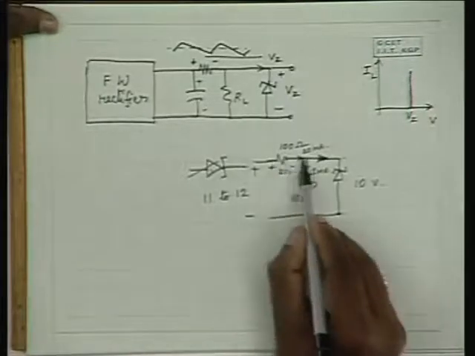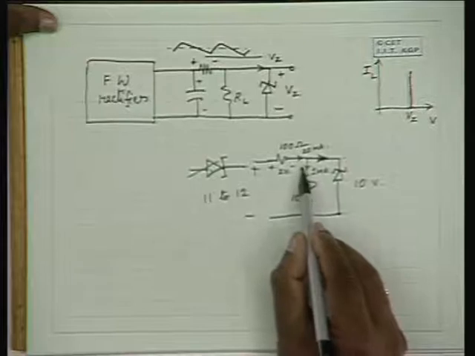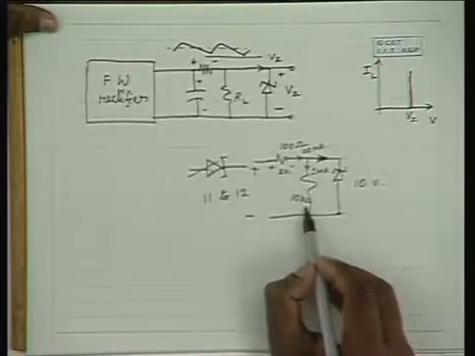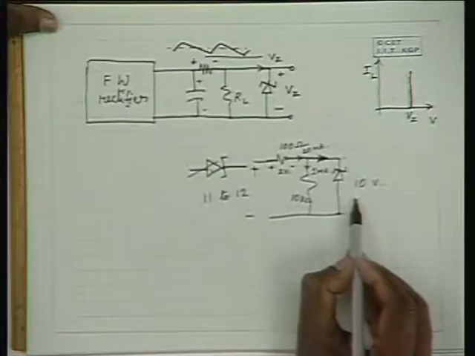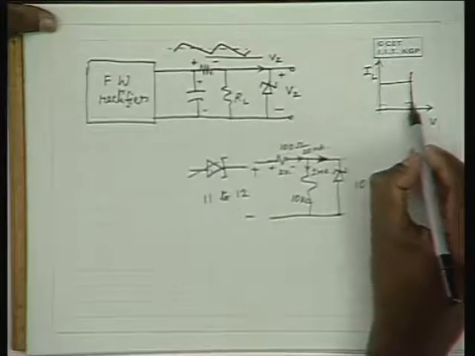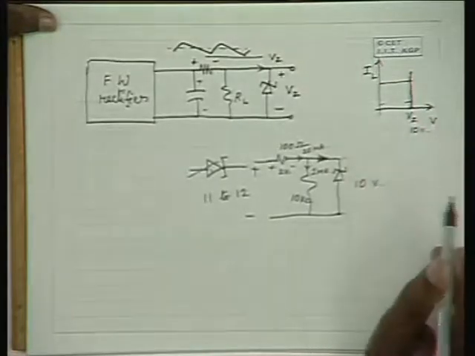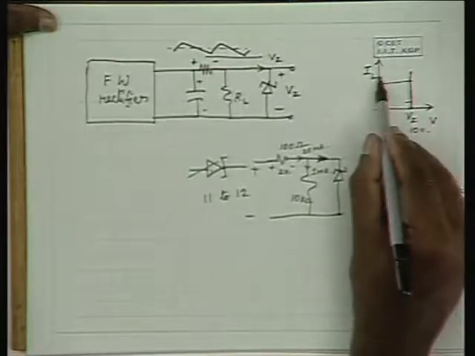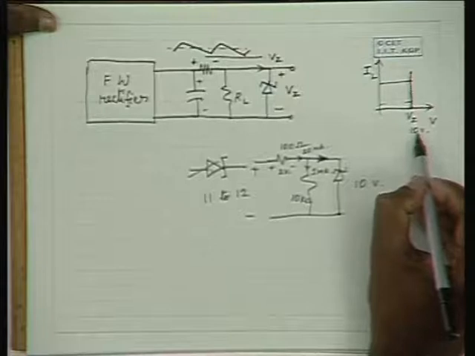And out of this 20 milliamperes, only 1 milliampere goes through this and makes this voltage equal to 10 volts, and remaining 19 milliamperes goes through the Zener diode. So with 19 milliamperes or with 1 milliampere, you will find that the Zener voltage is almost 10 volts.